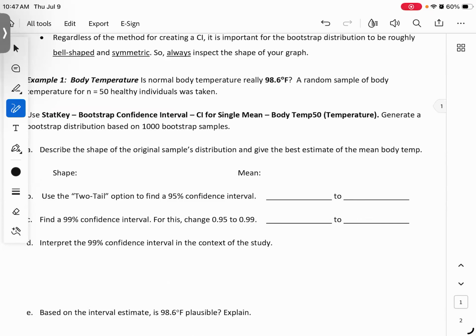But the heart and soul of 3.4 is to focus on using StatKey to create 90 and 99% intervals. And if you're wondering why we would want to do 90 and 99s: a 99 means you have the most confidence, the most assurance that whatever you're trying to estimate is accurate, as best an estimate as you can possibly get.